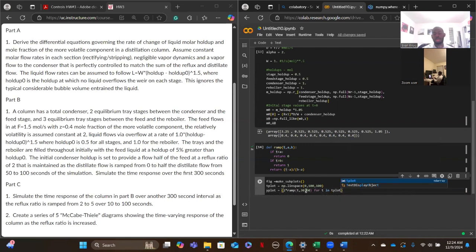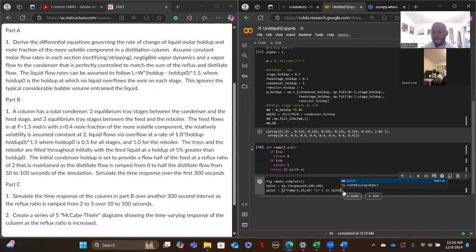So basically what I'm doing right now is multiplying my ramp by 2, and I'm having a for loop so we can show the difference for our ramp. So all of our values for our ramp will be multiplied by 2 in this scenario, and it will just keep repeating in the loop for the time values that we have in T plot.